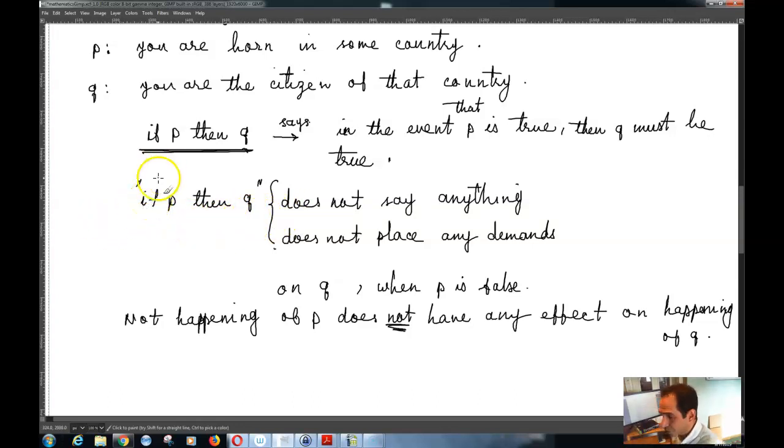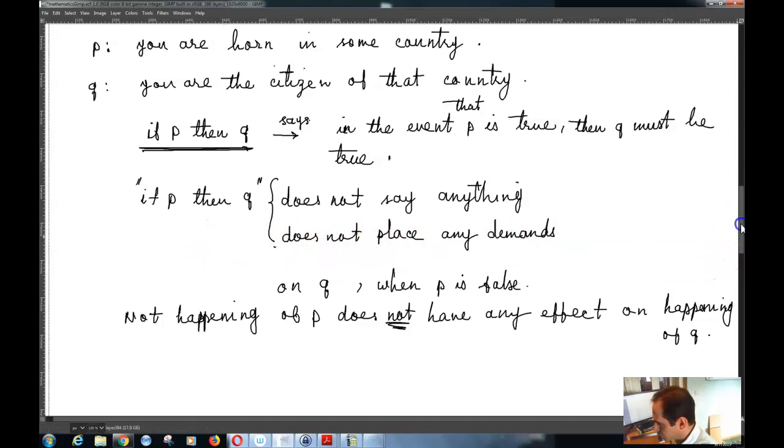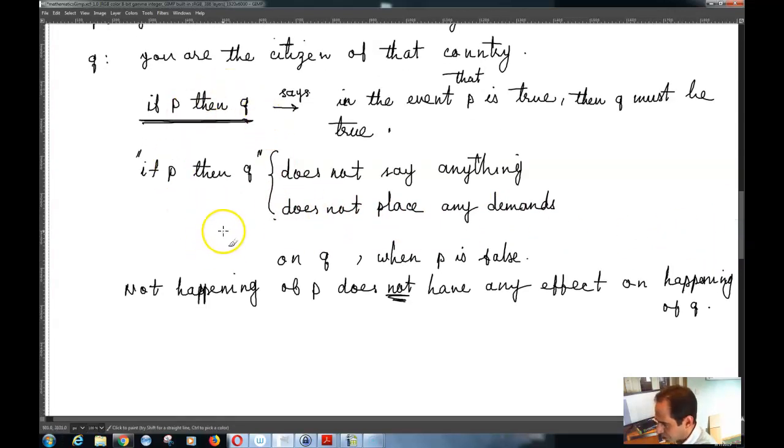But hopefully the examples will take care of that problem. When there are different ways of understanding something, usually the best way is through some problems, some example, some illustration, and that's what we want to do right now.